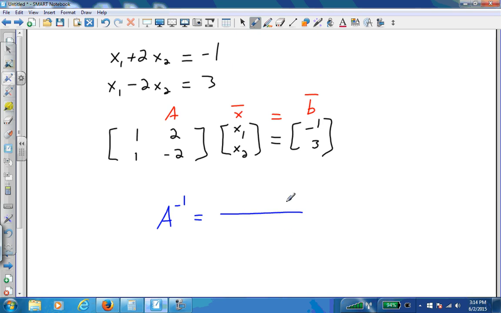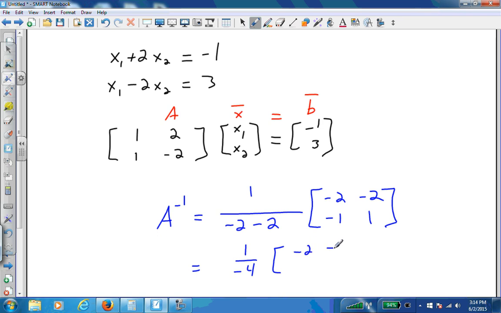Since this is a 2 by 2, we can take the determinant, 1 times negative 2, minus 1 times 2, swap along this diagonal, change the signs along this diagonal, so we're going to take 1 over negative 4 times this matrix.